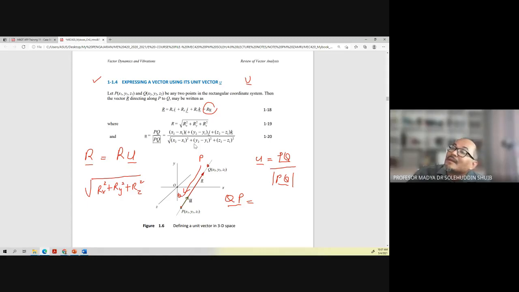So it's going to be the opposite way, right? So it's x1 minus x2, y1 minus y2, and z1 minus z2.